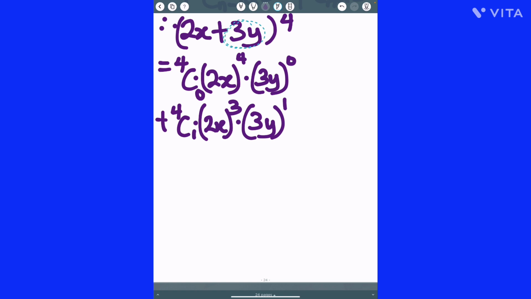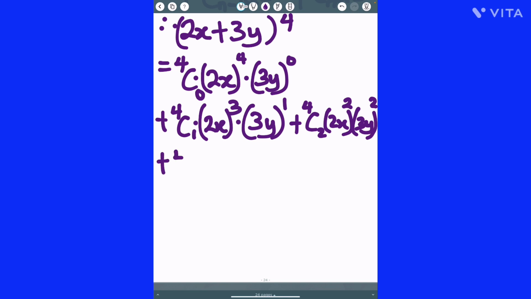Then take 3y, raise it to power 1. Exactly. So in my third term, I'll take 4 combination 2, take 2x, raise it to power 4 minus 2, 2. Take 3y, raise it to power 2. Exactly. So that's my third term.